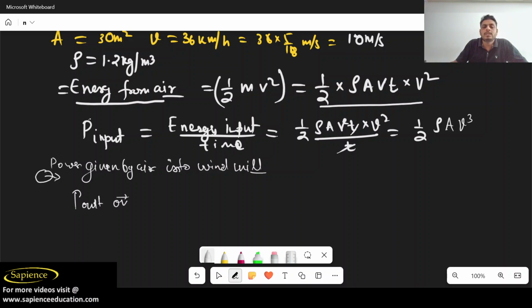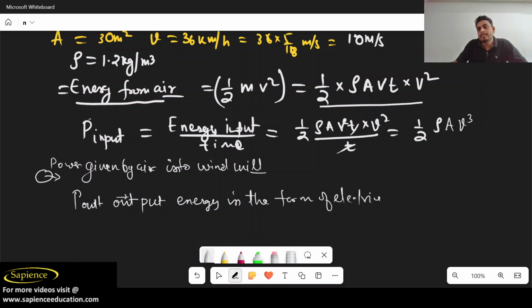Power output is energy in the form of electricity given by the windmill. Okay, that is power output, right?